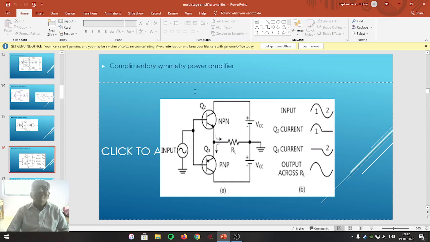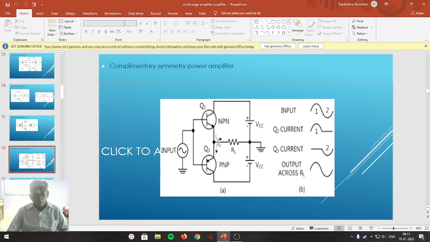If you look at the circuit diagram of the complementary symmetry power amplifier represented here, it is symmetrical in the upper half as well as the lower half. If you divide this circuitry at the center here, this is the lower half, whereas this one is the upper half.